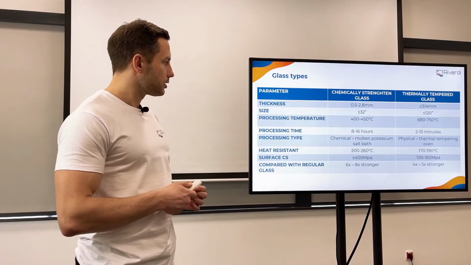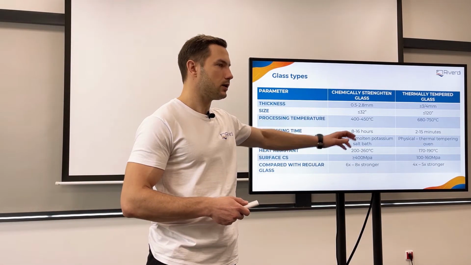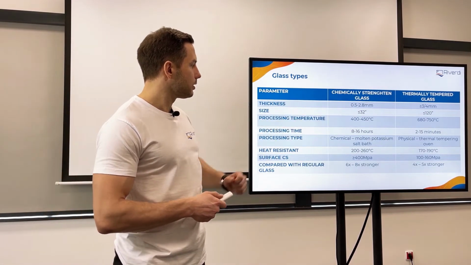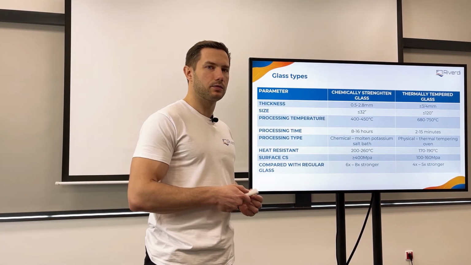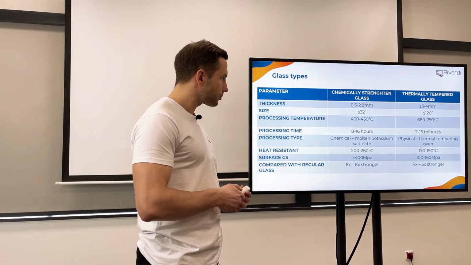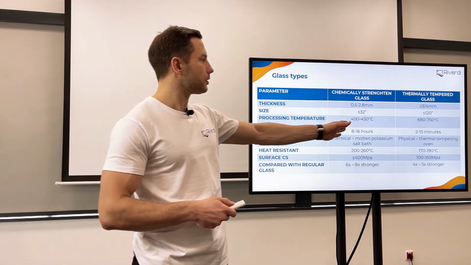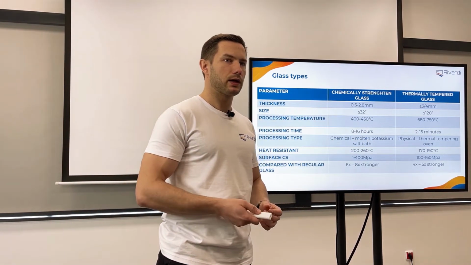And this is a pretty long process. So as you see, it can take several hours, and we need high temperature, like 400 and a little more degrees. And then we can compare it to thermally tempered glass, which is a different way of strengthening the glass.